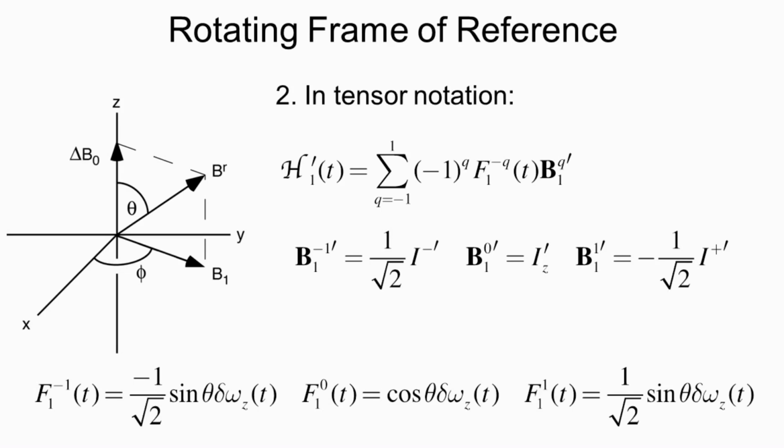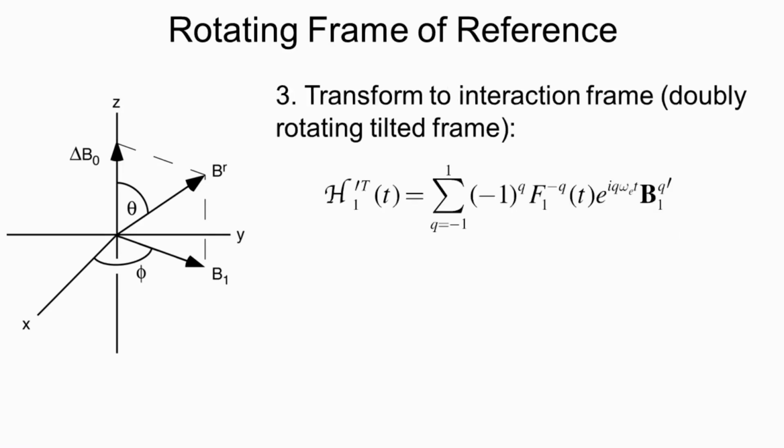In this particular case, we only need the rank 1 spherical tensors, so I've written them here. And again, they have normalization factors that we just have to take care of. And now we can do the transformation into the interaction frame. The last transformation transforms that Hamiltonian into the interaction frame.